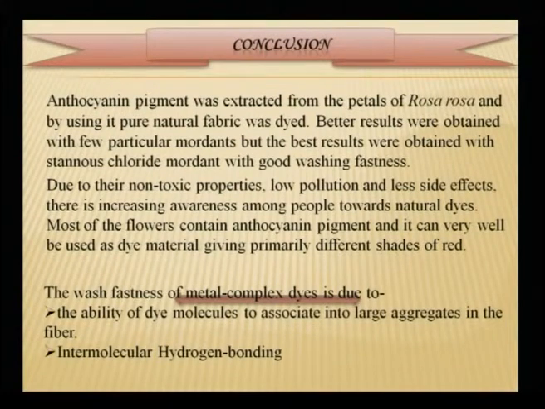Most flowers contain anthocyanin dyes, and they can very well be used as a dye material, giving primarily different shades of reds and pinks. The wash fastness of metal complex dye is due to the ability of the dye molecules to associate with large aggregates in the fiber and because of intermolecular hydrogen bonding.